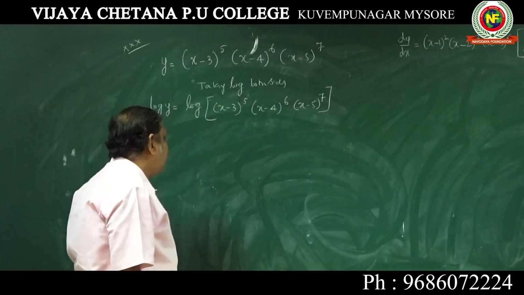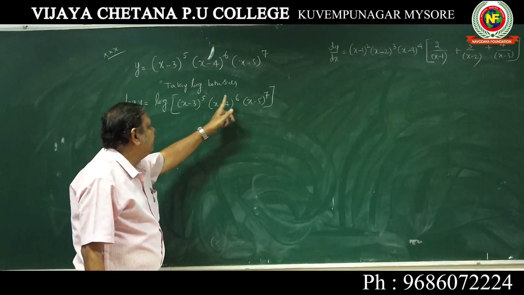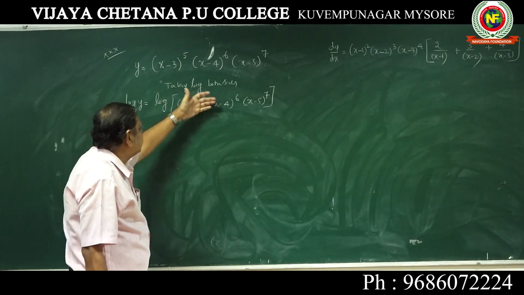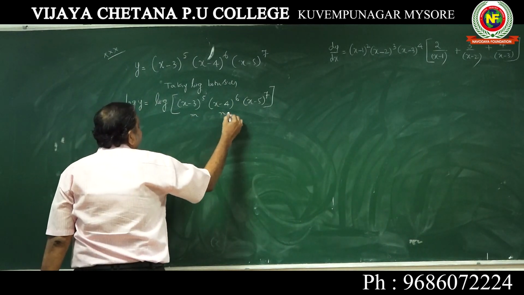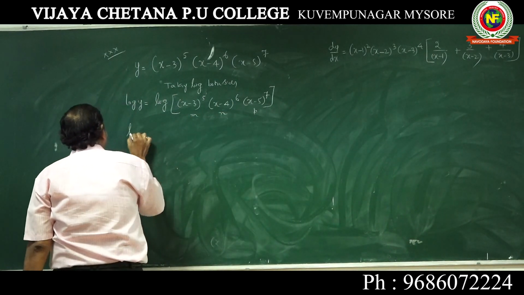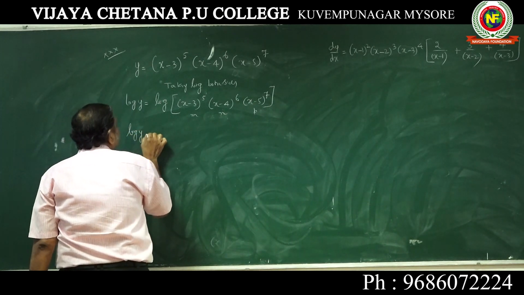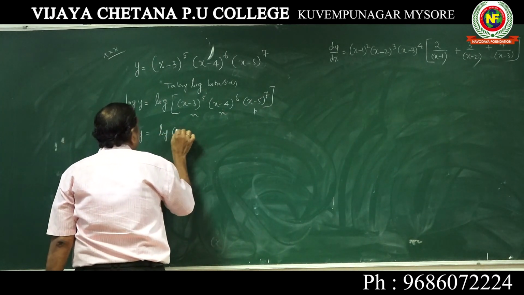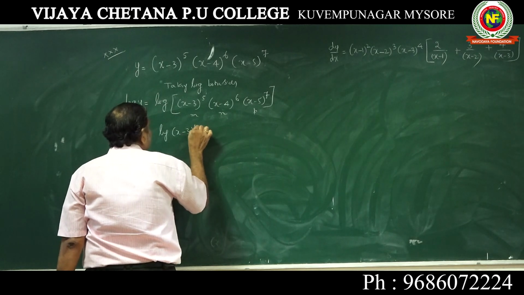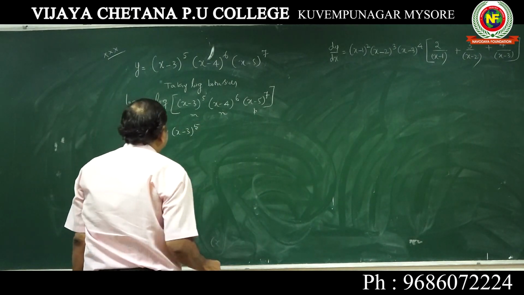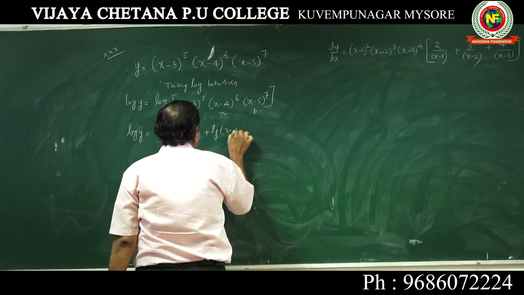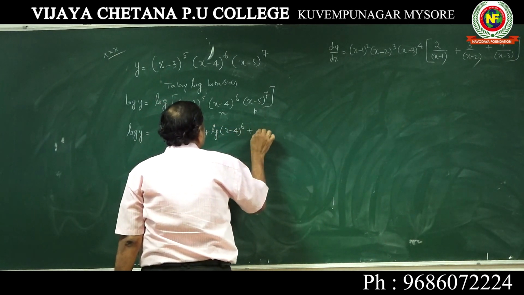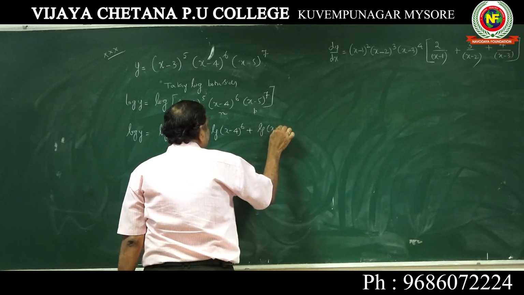This is log m n p, which is log m plus log n plus log p. So log y is equal to log of (x minus 3) whole to the power of 5 plus log of (x minus 4) to the power of 6 plus log of (x minus 5) to the power of 7.